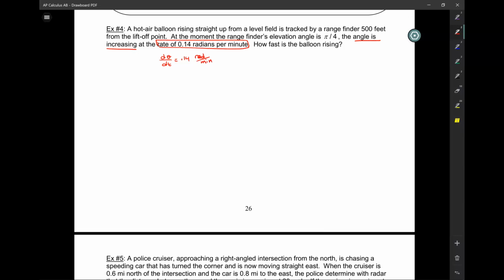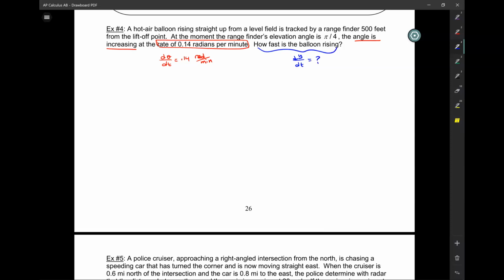Okay. Now, how fast is the balloon rising? Right? That's what I need. What is that? How fast is d dt of something? d dt of what? y, let's say, or h. Let's leave it in terms of y. So dy dt is equal to what?